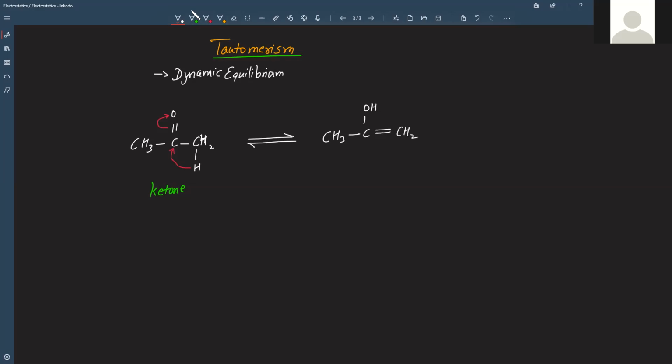Now can you tell me which family the second compound belongs to? Aldehyde. Second compound, aldehyde. Alcohol. Any other answers?